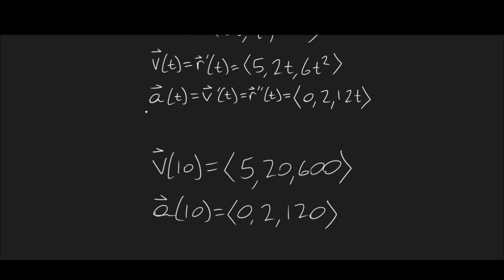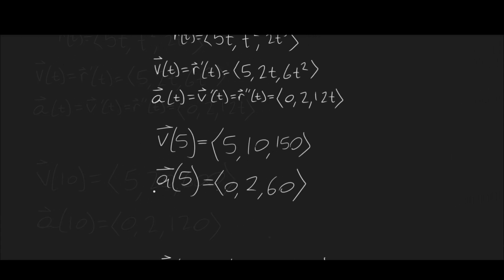And the acceleration is going to be 0 comma 2 comma 12 times 10, which is 120. And when t is 5, the velocity is going to be 5 comma 10 comma 150, and the acceleration is going to be 0 comma 2 comma 60.